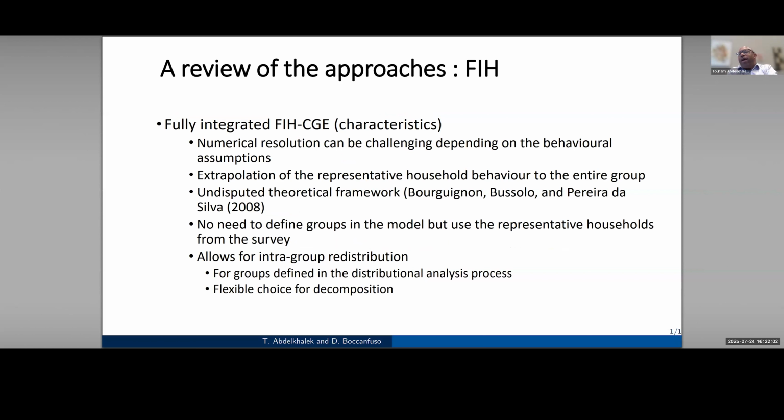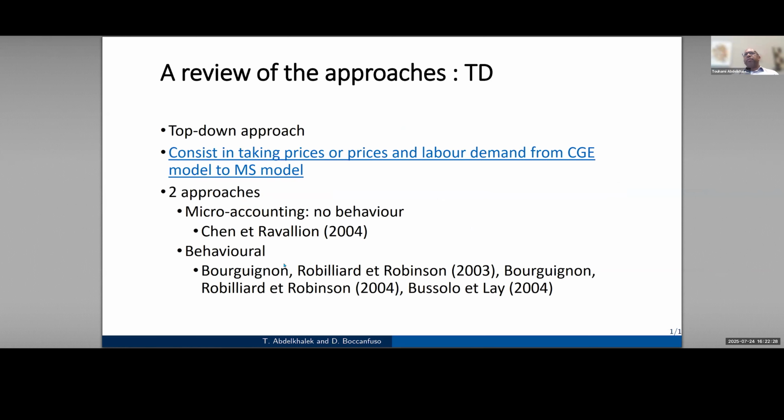But when you have good software and a good solver, if you have the license, it can be done. With the extrapolation of the representative household behavior to the intergroup level, we can conduct many distributional analyses in this situation. We will see that it is interesting.